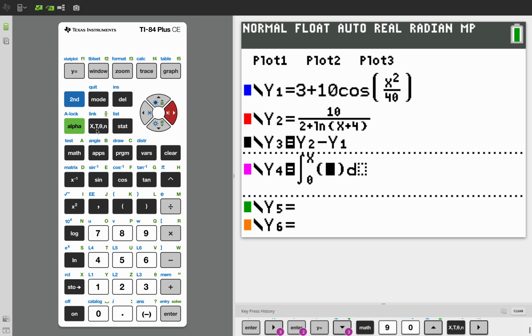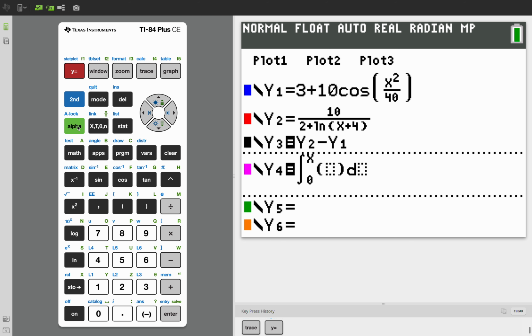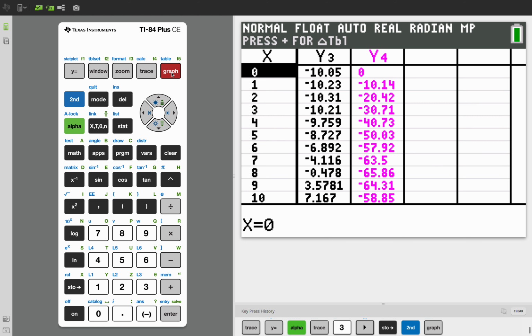And then I'm going to use y3 because that is my difference, aka my E of t minus L of t. Should have said alpha. Oops. Alpha y3 and then dx. Once you do that, I want you to click second graph, okay, second table, and notice how you have your table. Great.